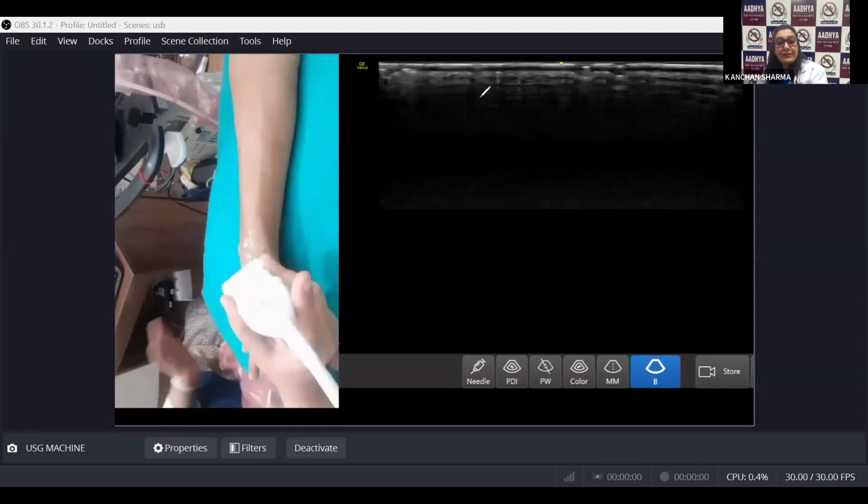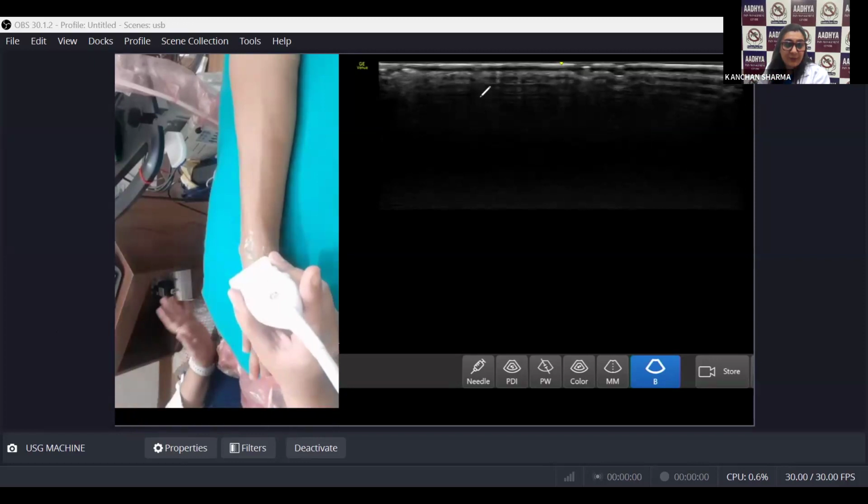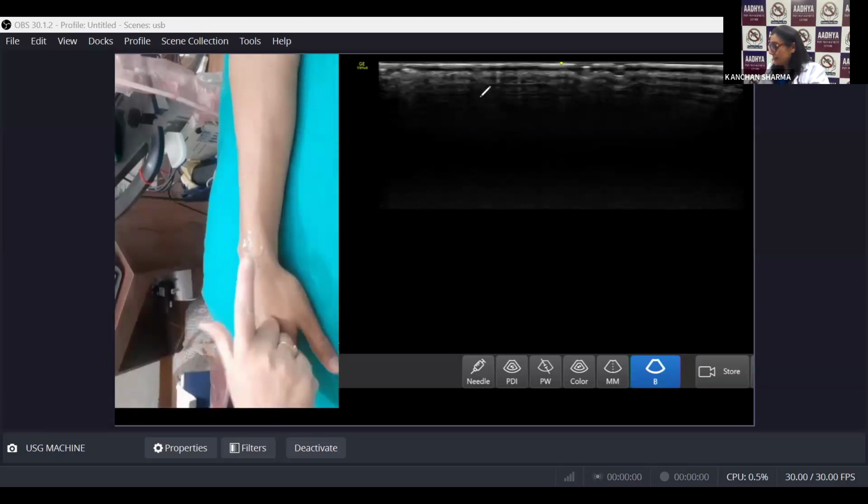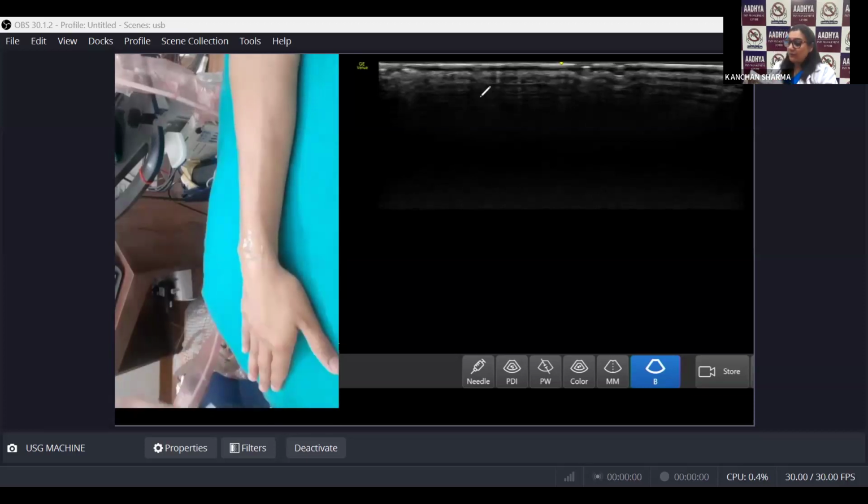So the first ligament which we will be seeing is going to be our lunotriquetral, right? So if this is a radius, supposedly you are a beginner, you really don't know how exactly you are supposed to pivot the ulnar end of the transducer.